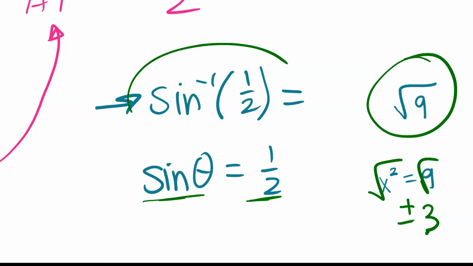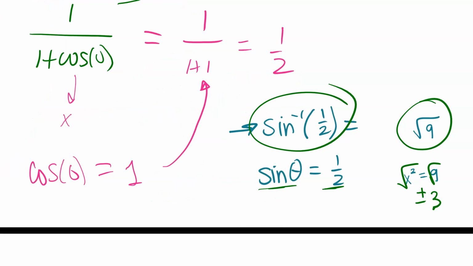If I give you the inverse to evaluate, you have to restrict your domain. You have to restrict it between negative pi over 2 and pi over 2. Does that make a little more sense? Or you want to know what the restrictions are? Okay, for sine inverse and tangent inverse, they're negative pi over 2 to pi over 2.